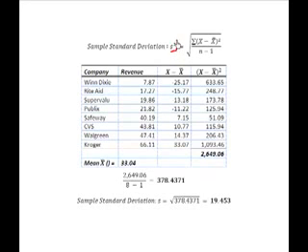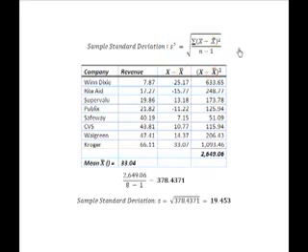First of all, the notation is now s squared, because remember, for sample data we use Roman letters, and the designation for the mean of a sample is x bar. So every place that I had mu now becomes x bar.